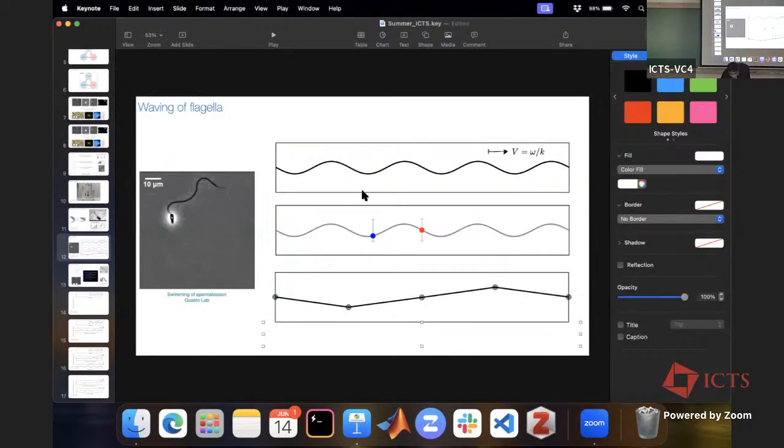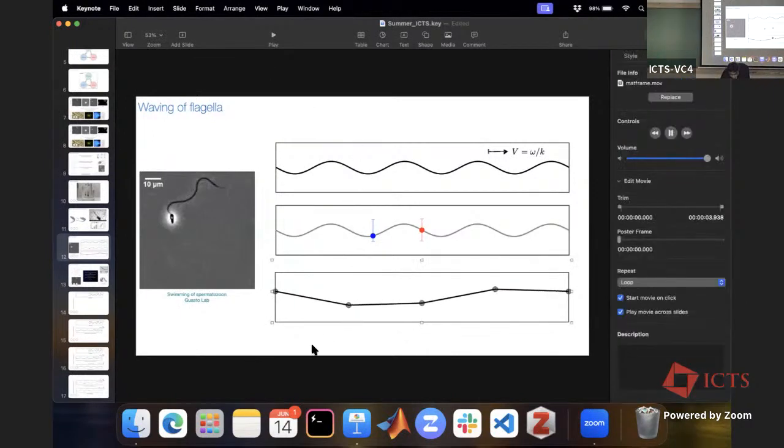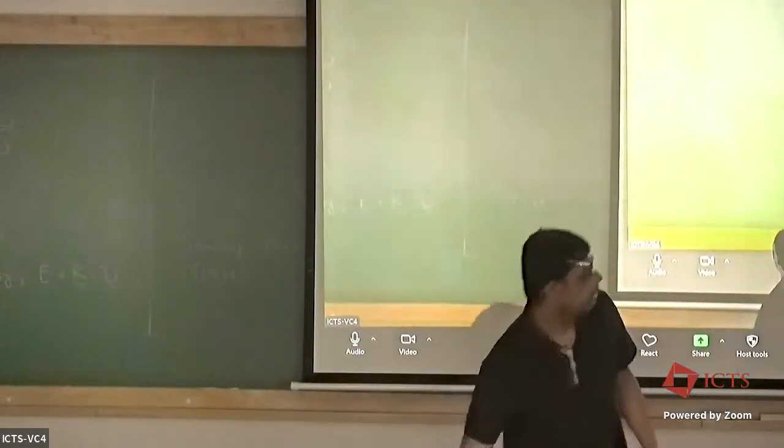As you can see, as this segment is going up, the other segment is going down. So if you think of this as some sawtooth, one segment going down or up means the other segment coming down. That's the only thing that I want you to remember from this. And we'll see how this is crucial for propulsion in low Reynolds numbers. So let me stop share, and I will use the board now.